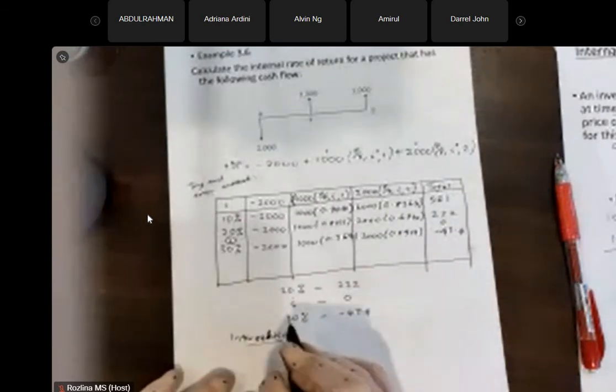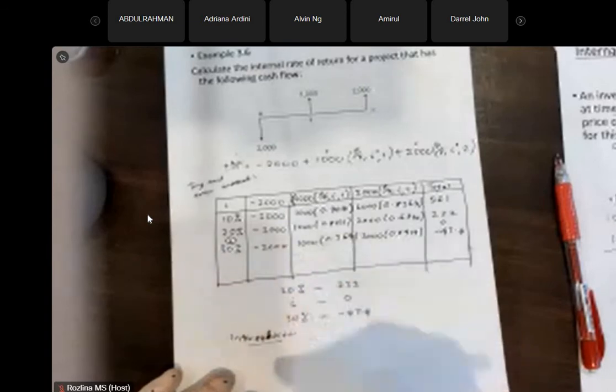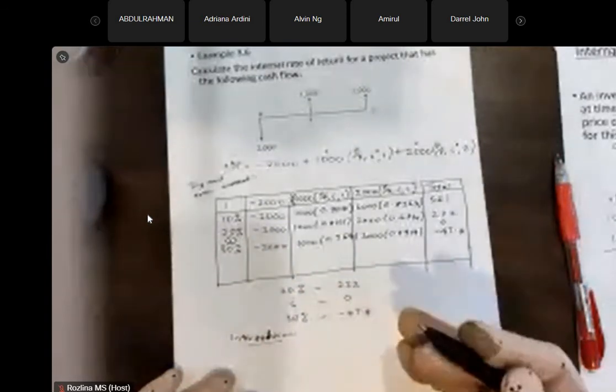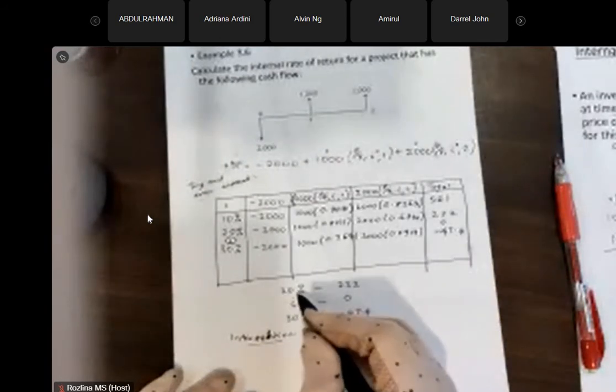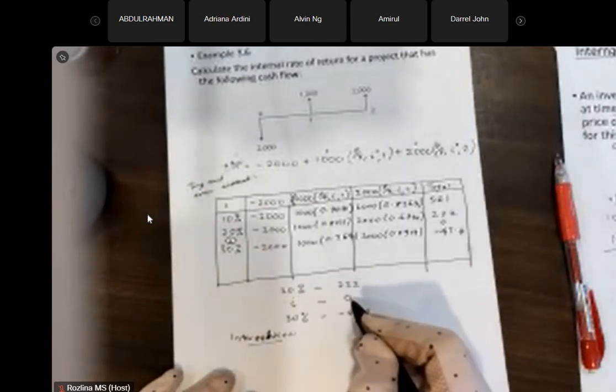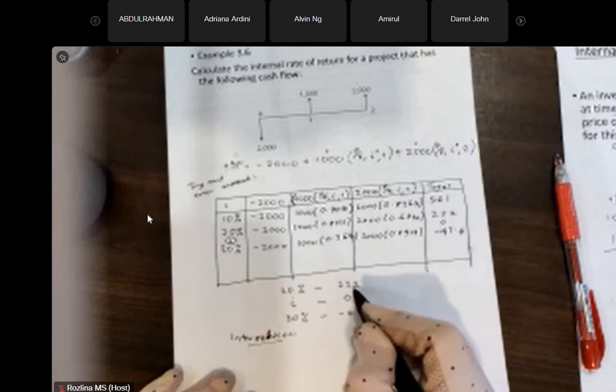How to do the interpolation? Tengoklah mana yang you nak start, tapi kena sama konsisten lah dia punya flow tu. Kalau you want to get this one dulu dengan ni, so yang ni pun kena 0 dengan tu. Faham tak?